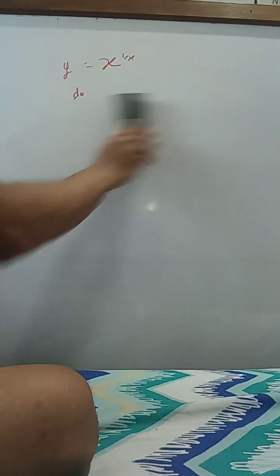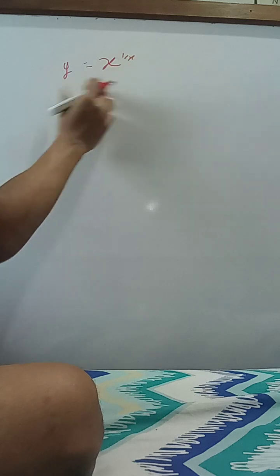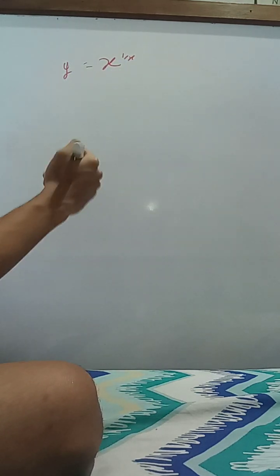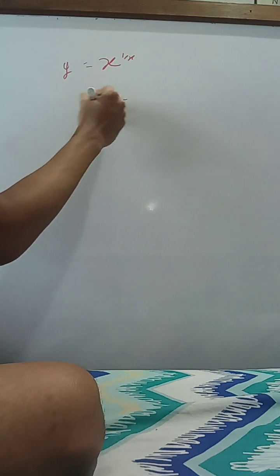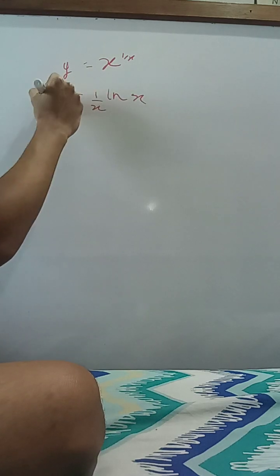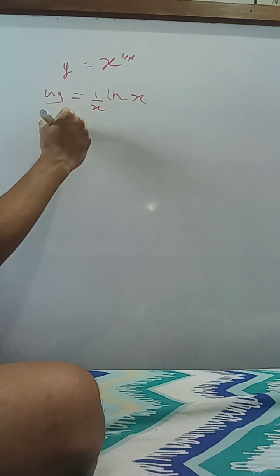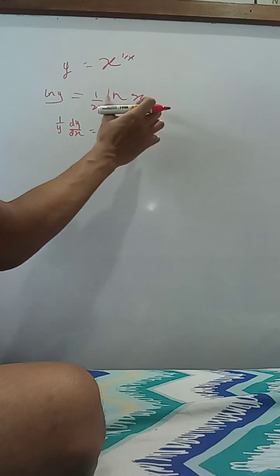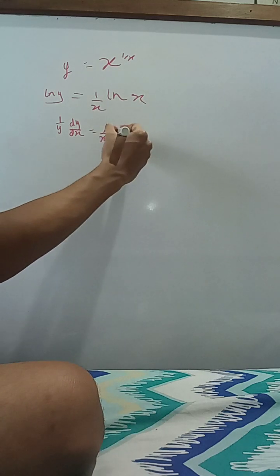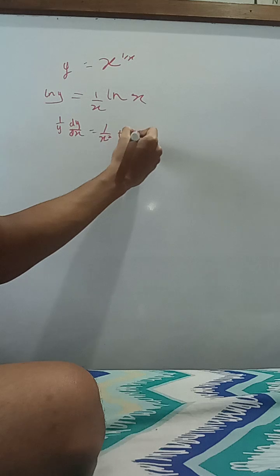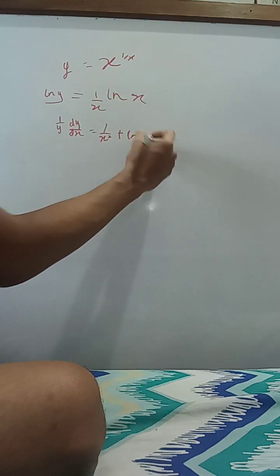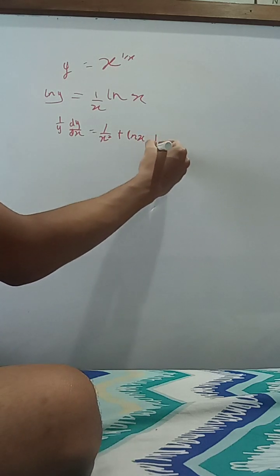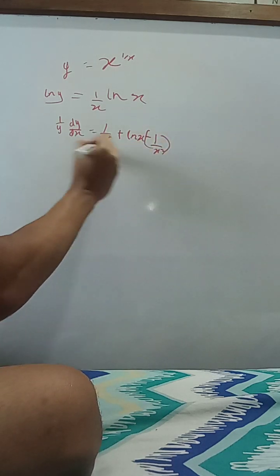Now let's just differentiate to find y. Of course, we know to solve these types of exponential differential questions, to find the derivatives, we take log: ln y equals (1 by x) ln x. Now differentiating this, we get 1 by y dy by dx equals, using the chain rule, 1 by x times 1 by x, so 1 by x square, plus ln x times the differential of 1 by x, which is minus 1 by x square.